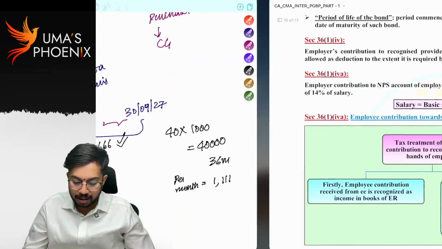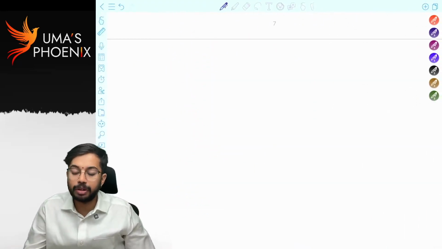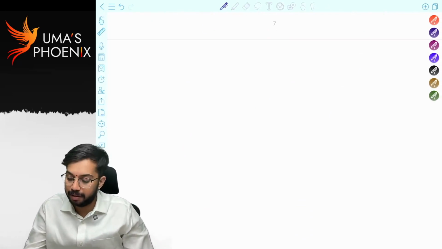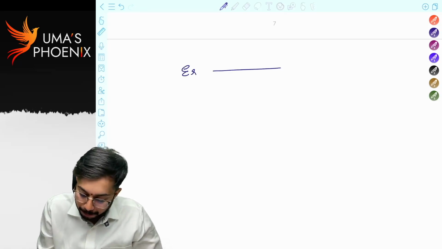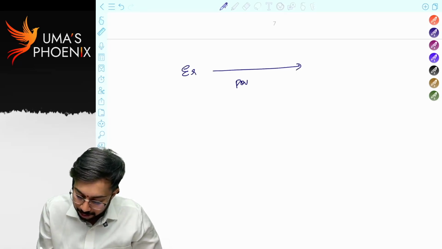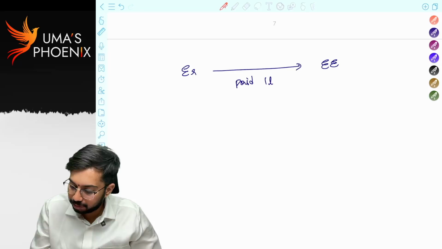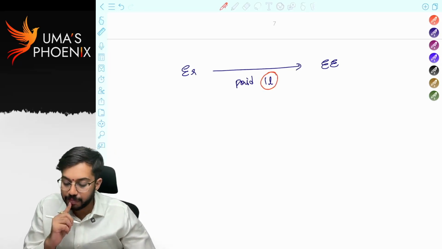Now let us discuss the tax treatment for employer contribution to recognized provident fund and employee contribution to recognized provident fund. Let's say the employer paid 1 lakh rupees salary to the employee. How much is salary? 1 lakh rupees.